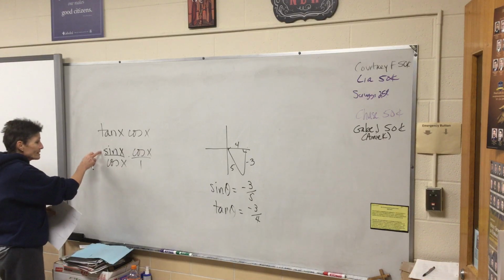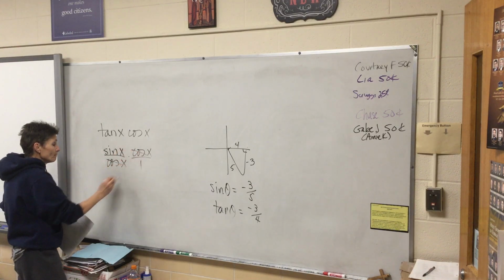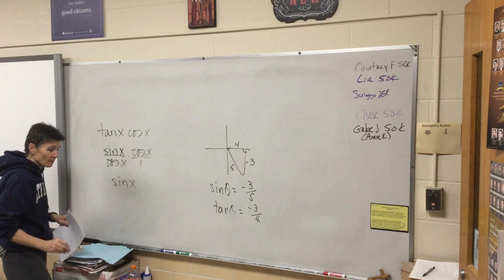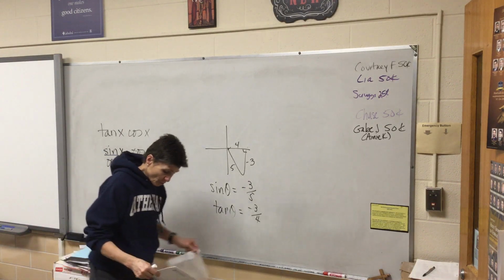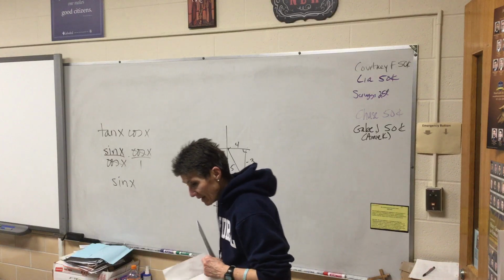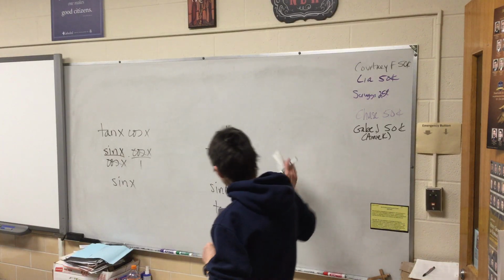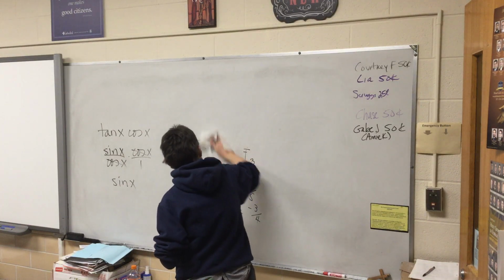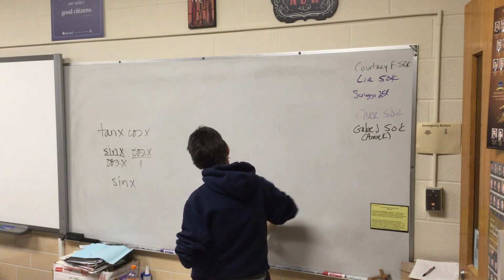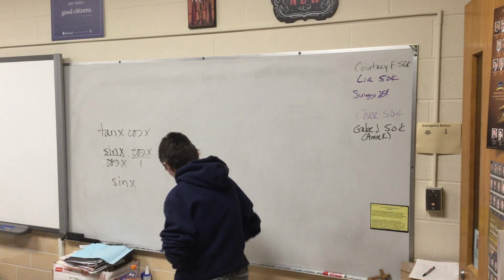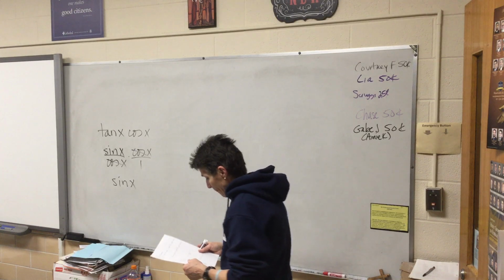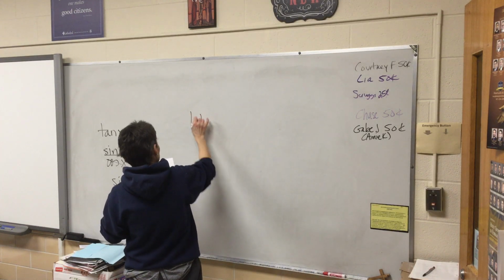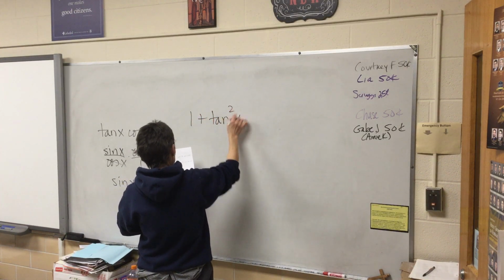Well, when I multiply sine over cosine times cosine, I'm just going to be left with sine. So the directions said simplify, so that's what we did. We simplified by rewriting tangent as sine over cosine. Is that the final answer? Yep. Okay. What else are you going to do with it?